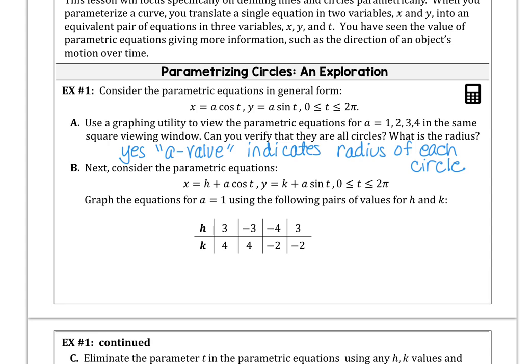So the a value being 1, the h, k causes us to move the center of the circle away from the origin that has a radius 1.